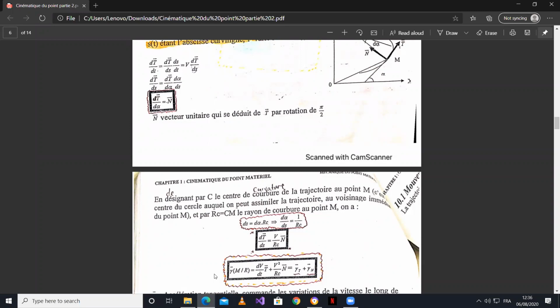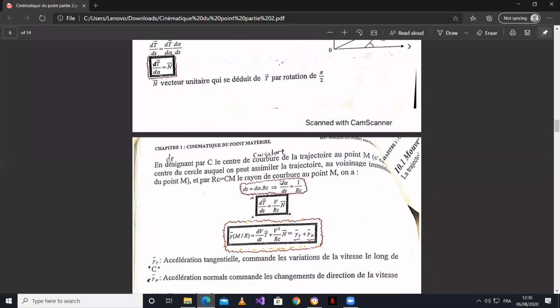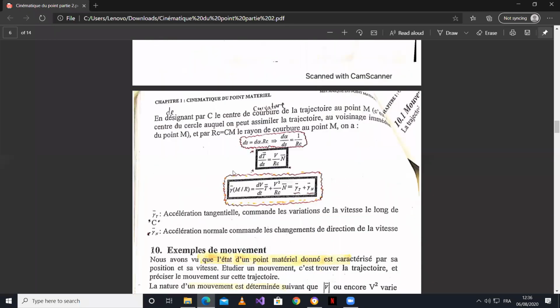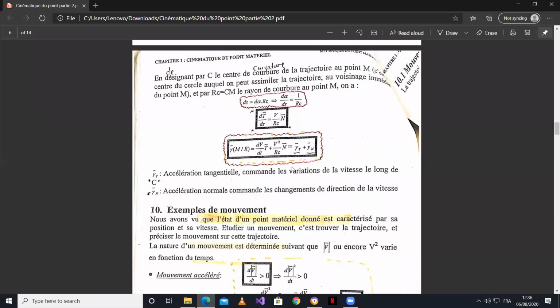It's equal to dv over dt suivant t plus v carré divisé par le rayon du cercle RC suivant le vecteur unitaire n. Accélération tangentielle, comme je vous l'ai déjà dit, commande les variations de la vitesse le long de C. Gamma n, accélération normale, commande les changements de direction de la vitesse.